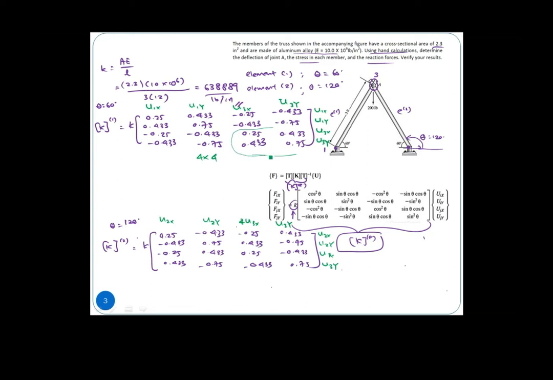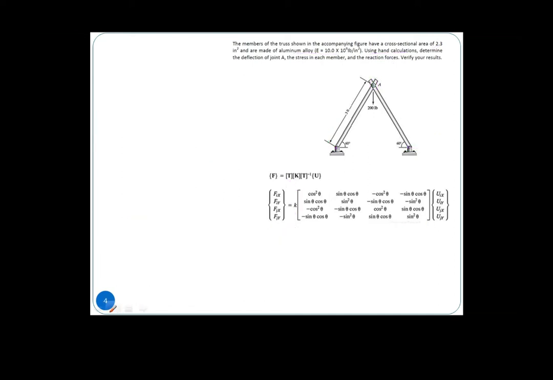These parts will be shared with these parts, 0.25. Because they are sharing the same nodes, our assembled global K will be a 6 times 6 matrix.